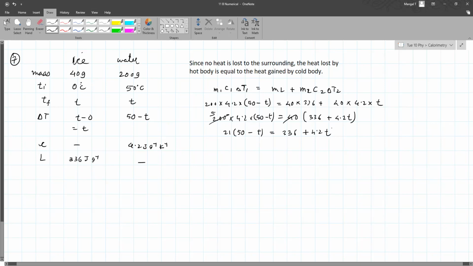So what you have is 21 into 50, that will be 1050 minus 21T, equals 336 plus 4.2 T. Now 1050 minus 336, and this is 21 T plus 4.2 T. This is 714, and this is 25.2.